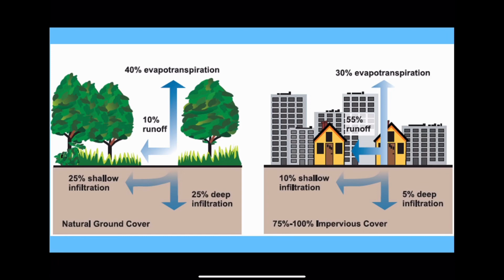So the key difference you can see here, the big thing, is that runoff on the right is at 55%, whereas on the left it is 10%. So evapotranspiration doesn't vary enormously. We've got a slight change, but the big thing here is a massive increase, so 5.5 times more runoff.